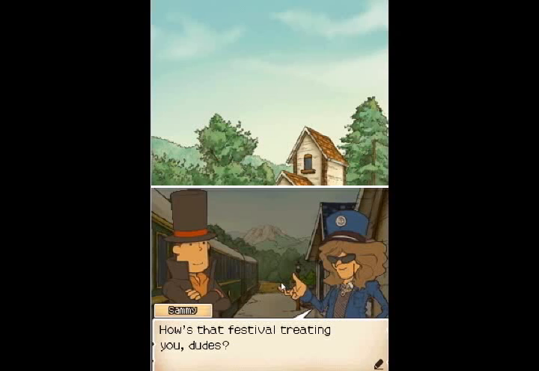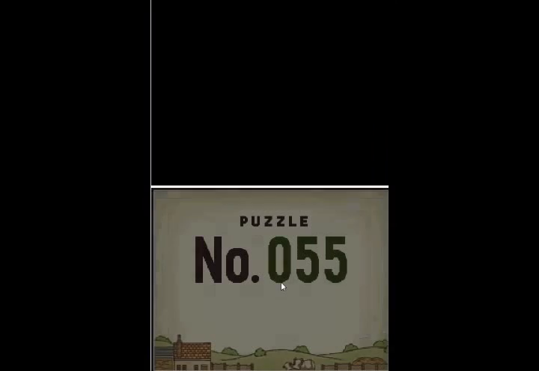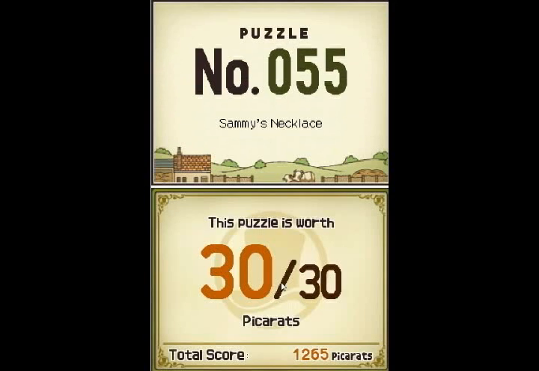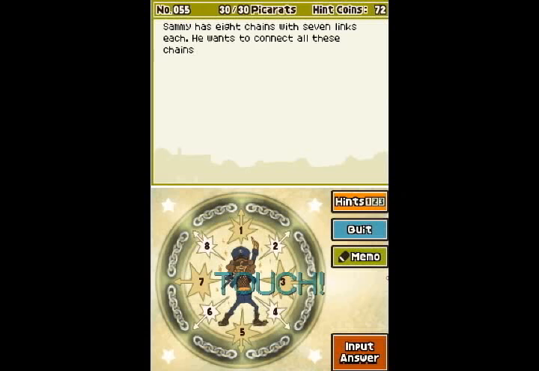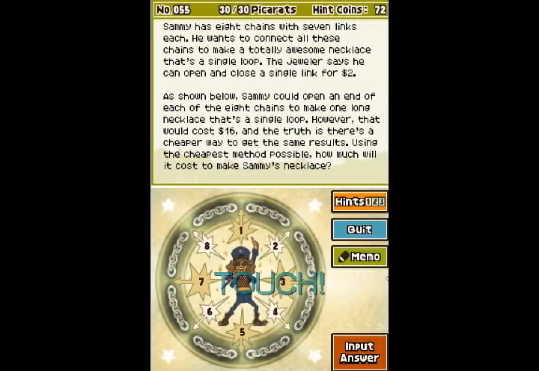How's that festival treating you, dudes? Pretty righteous, huh? This train isn't ready to move quite yet, so while you're waiting, I'll lay this sweet puzzle on you. Number 55, Sammy's necklace, worth 30 points. Sammy has 8 chains with 7 links each. He wants to connect all these chains to make a totally awesome necklace that's a single loop.